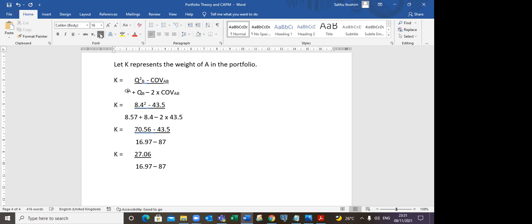It's supposed to be variance, sorry, not standard deviation. Variance squared. Is this one squared?